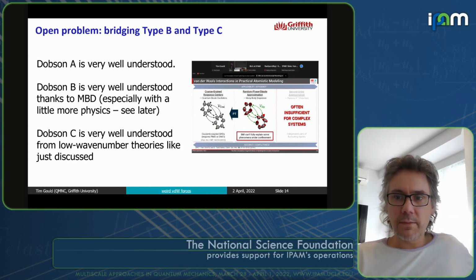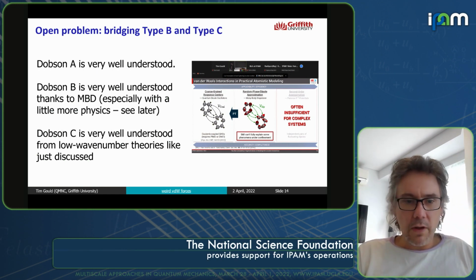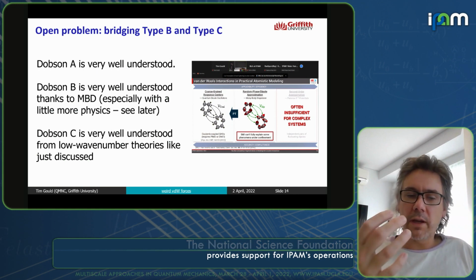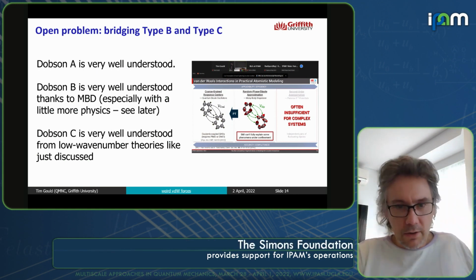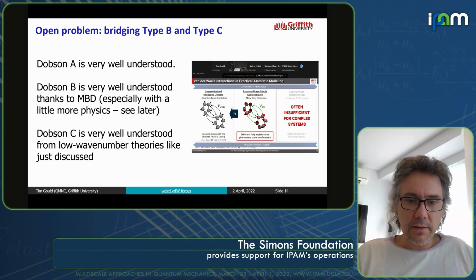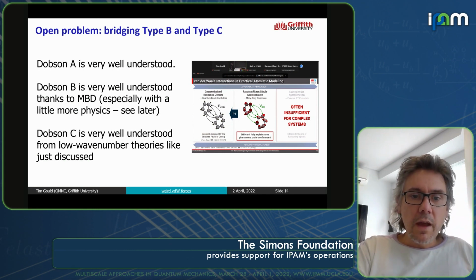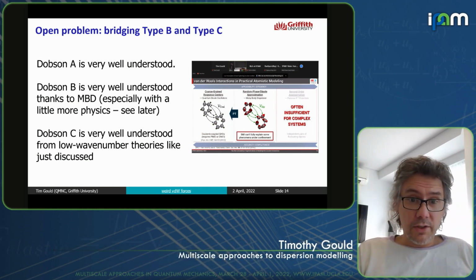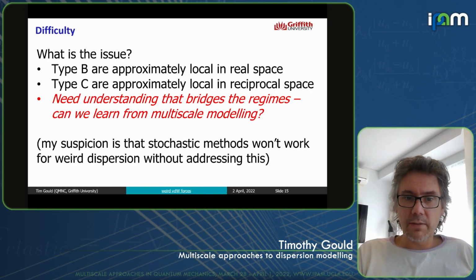Okay, you can improve things in materials a little, but on the whole, it's excellent. We've got this Dobson C, which can be explained very well by doing low wave number tight binding or nearly free electron type calculations. What's really hard is actually joining these two things together. So bridging these two limits becomes very hard.